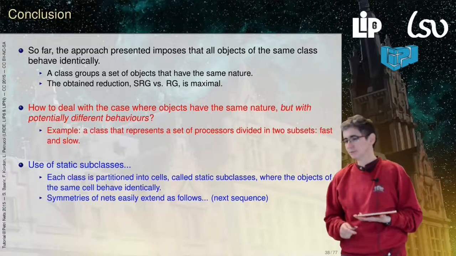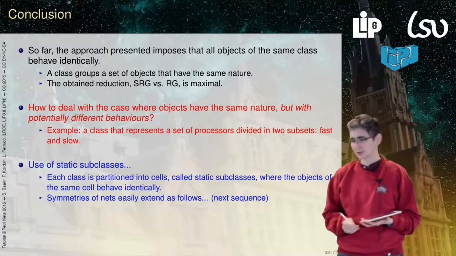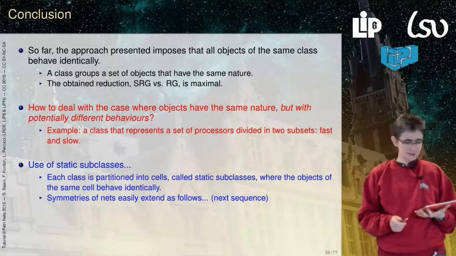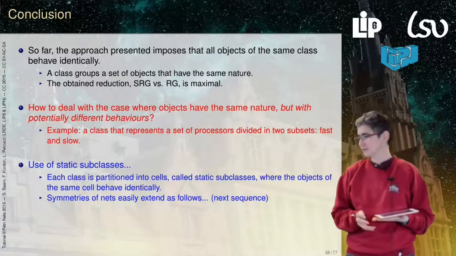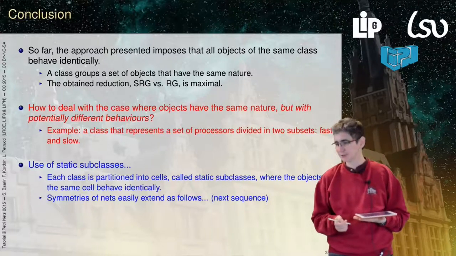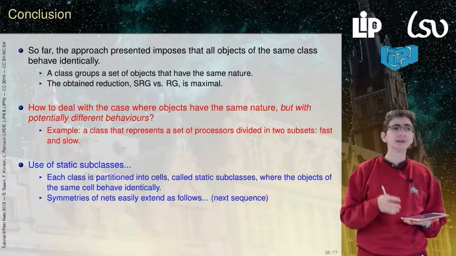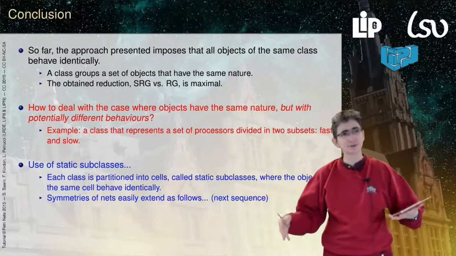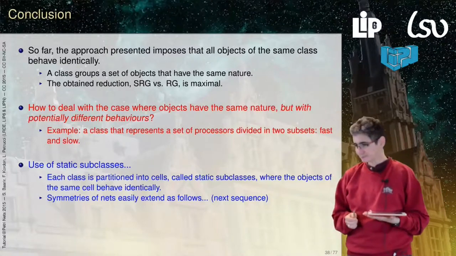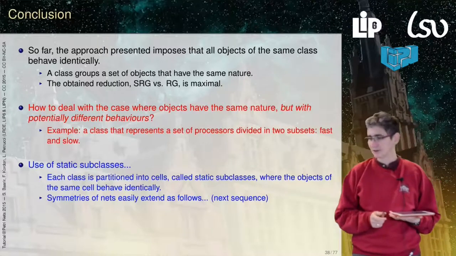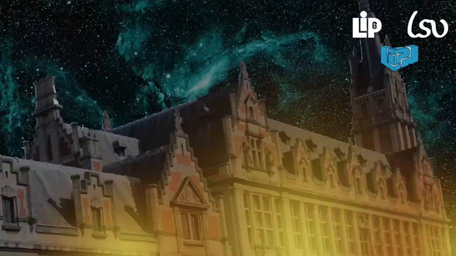To deal with this problem, we can use what are called static subclasses, where each class is partitioned into a set of subclasses called cells, or static subclasses, where the objects within the same cell behave identically. So it's a further splitting of the classes. The symmetries of nets easily extend, as will be presented in the next sequence.